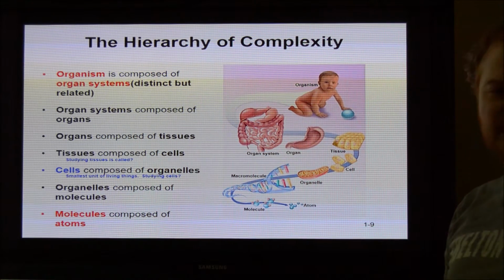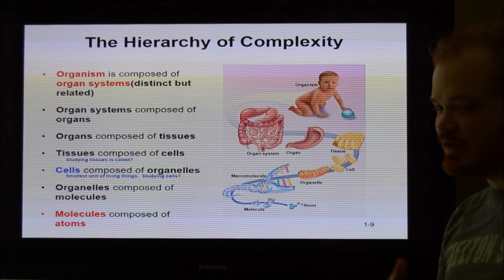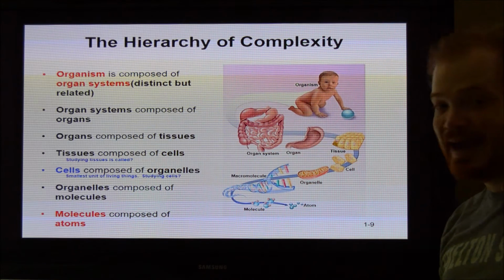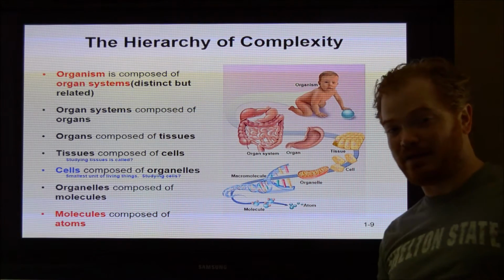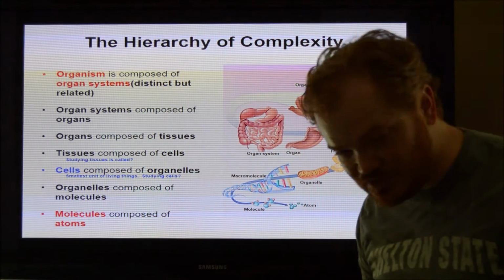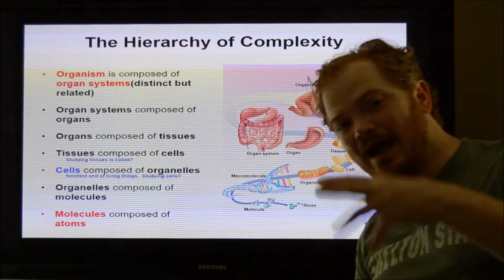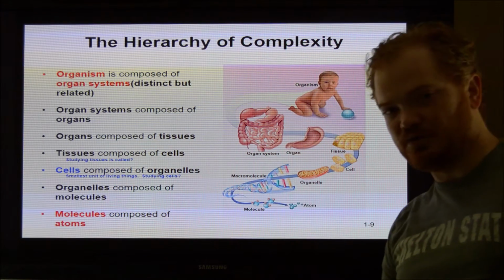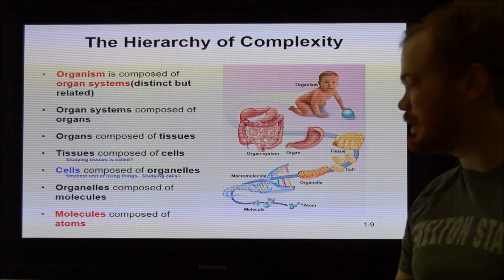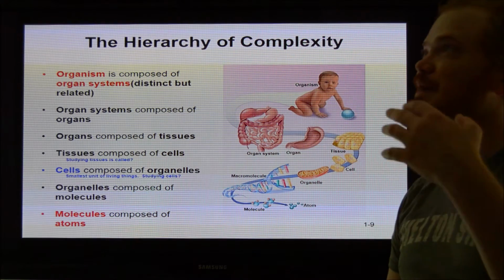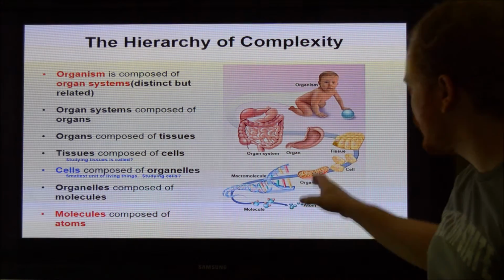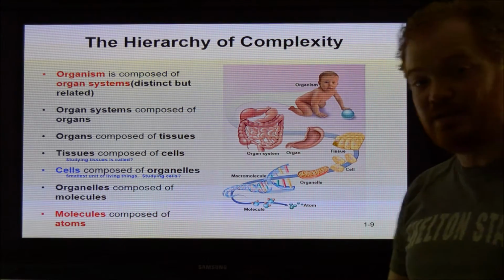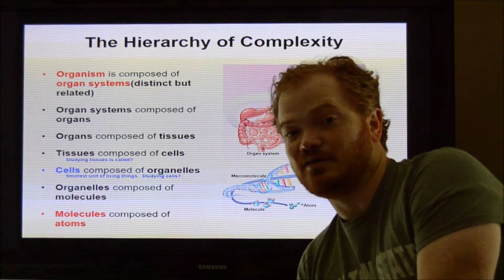The first test here in Anatomy and Physiology really is quite a bit of a review from Biology 1. I don't know when you took Biology 1. I don't know who you had for Biology 1, so I want to make darn sure that you understand how atoms come together to make molecules, how those molecules come together to make macromolecules, how these macromolecules organize themselves into organelles, into cells, into tissues, and then we can start talking about organs and how they all fit together.